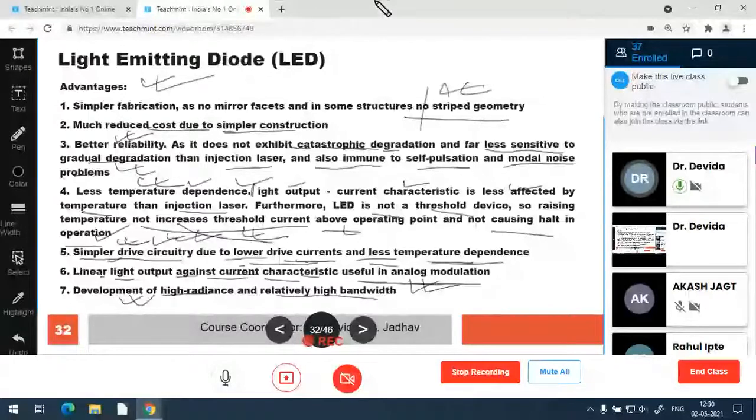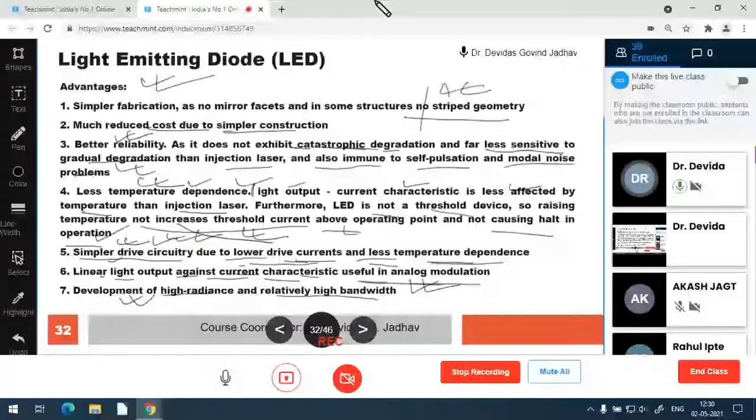Seventh is development of high radiance and relatively high bandwidth. If we use the double heterojunction and the strip geometry, then the LED becomes a very high radiance LED, and relatively high bandwidth can also be developed. So these are the advantages of the LED.